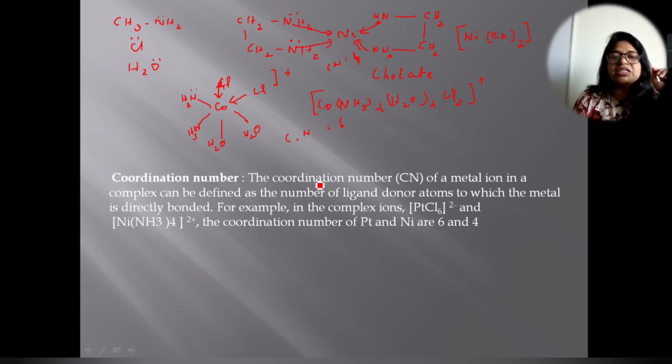So the coordination number is the number of coordinate covalent bonds that ligands form with the central metal ion. Count all the coordinate bonds, you will get the coordination number. Now look at this example. In PtCl6, Cl is a monodentate ligand, so the coordination number is 6. In Ni(NH3)4, NH3 is a monodentate ligand, so the coordination number is 4.